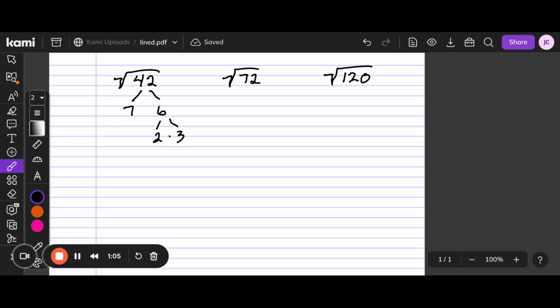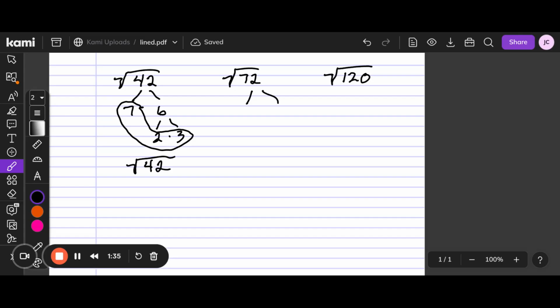And now, you might notice, this is square root of 42. So what we're looking for here is pairs that we then would park outside of the radical, and there aren't any, right? So that means that this is already fully simplified, and so it is just the square root of 42.